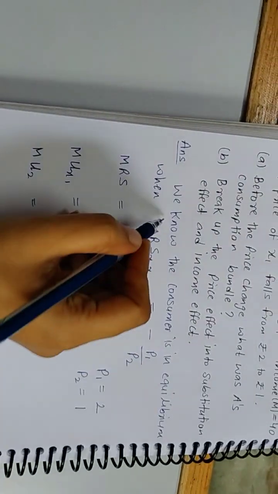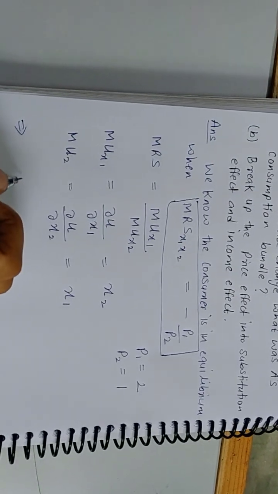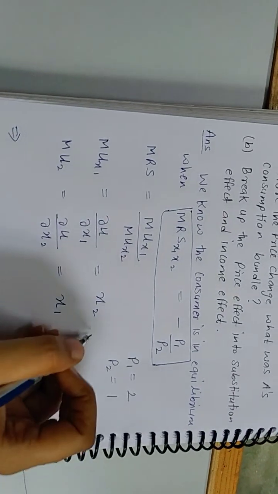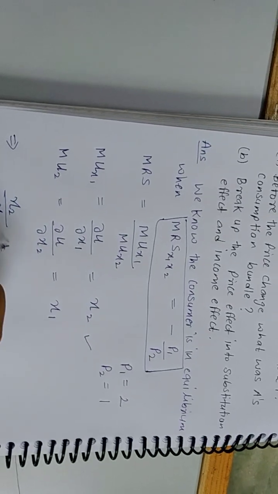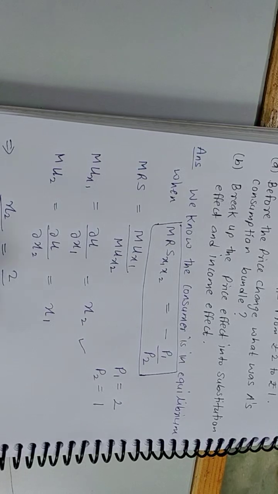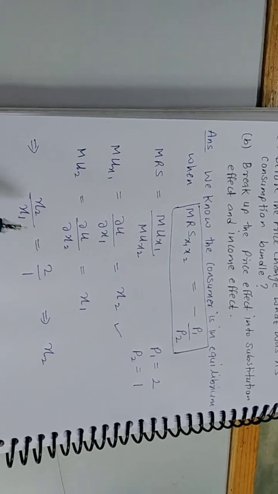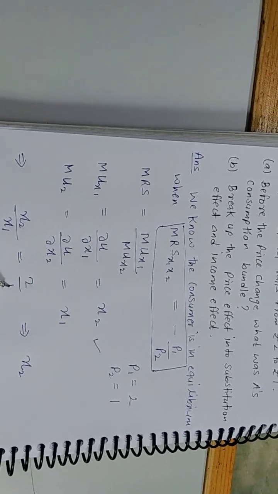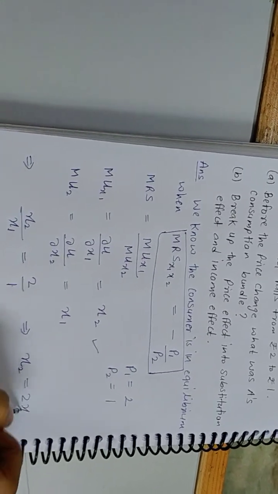So our equilibrium condition would be x2 upon x1 equals price of good 1 upon price of good 2, which implies cross multiply. We multiply x2 with 1 and x1 with 2, so x2 will be 2x1.